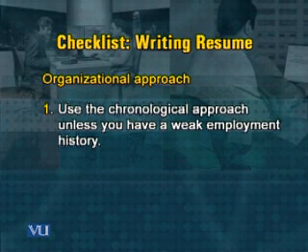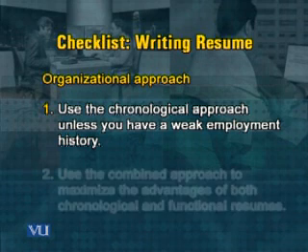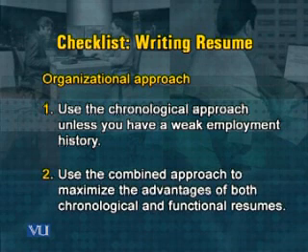Choose the chronological approach unless you have a weak employment history. If you have a weak employment history, use the functional approach, and if you have a very strong employment history, use the chronological approach. Use the combined approach to maximize the advantages of both the chronological and the functional types.